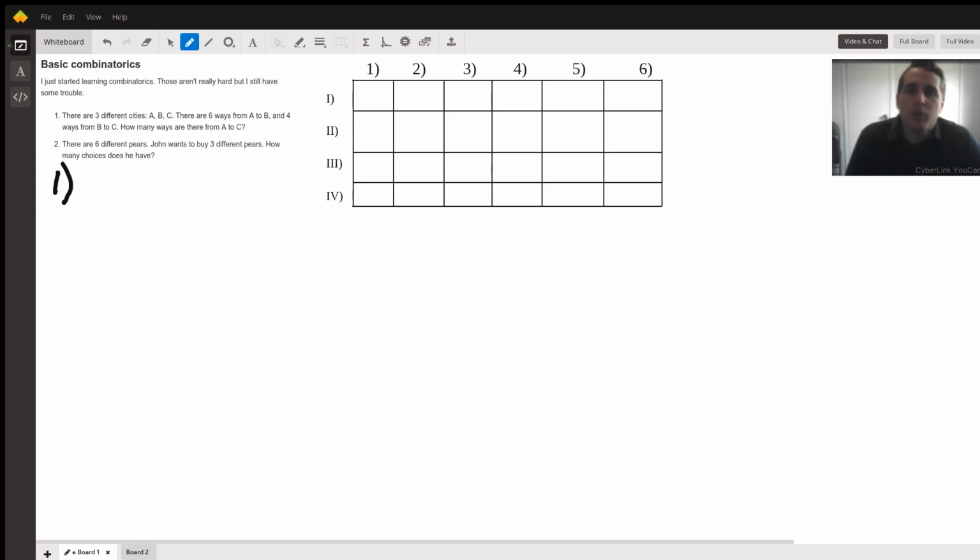Well, assuming that we have to go from city A to city C and go through city B, imagine that we have a grid here of 1, 2, 3, 4, 5, 6 ways to go from A to B, but then these 4 represent the number of ways to go from city B to city C. As a result, we should have 4 ways.